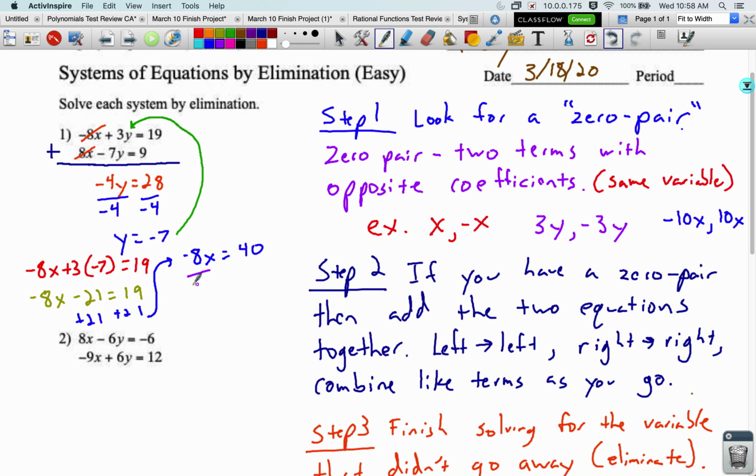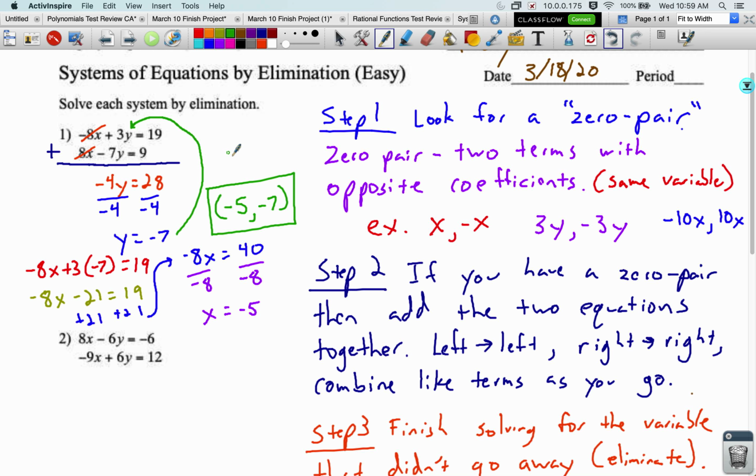Divide both sides by -8. And you get positive divided by a negative is always negative, so this is going to be a -5 here. Not going to put a box around that. I'm going to write my answer as an ordered pair. And it always goes x comma y, so -5 comma -7. Ordered pair. Now I can box my final answer.